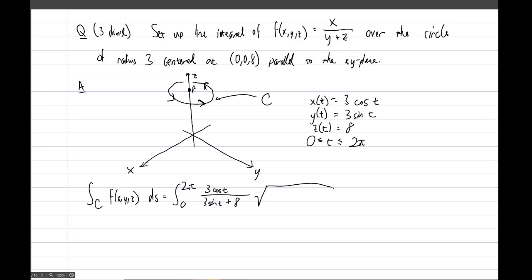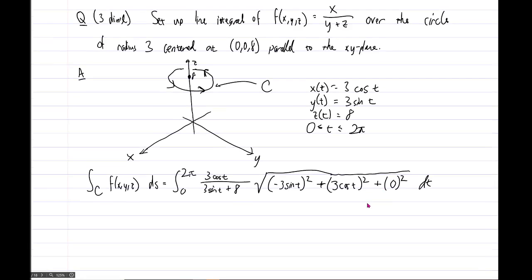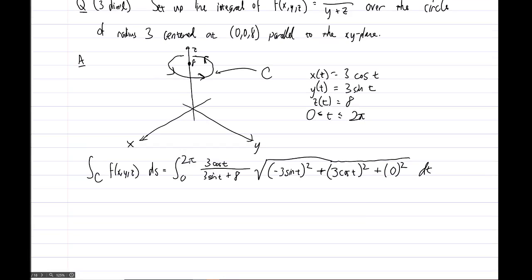We have ds gets replaced with the square root of the derivative of 3 cosine of t, which is negative 3 sine of t, and we square that, plus the derivative of 3 sine of t, which is 3 cosine of t, and we square that, plus the derivative of 8, which is 0, and we square that. Of course, that term is not really doing anything, but let's just put it in here to make it clear what's going on in a different problem if we needed to. And let's just comment that this part right there actually equals 3.